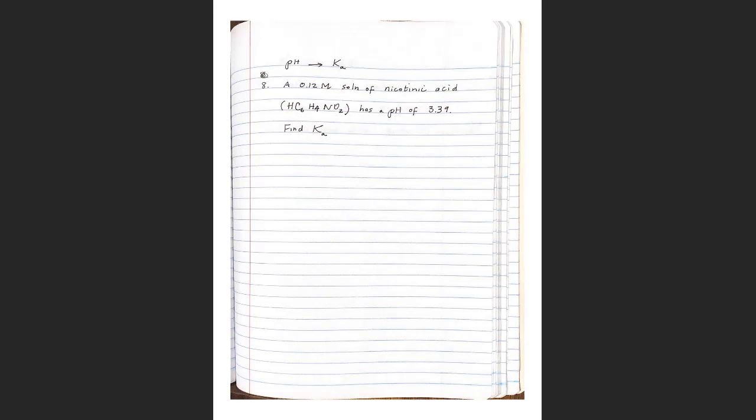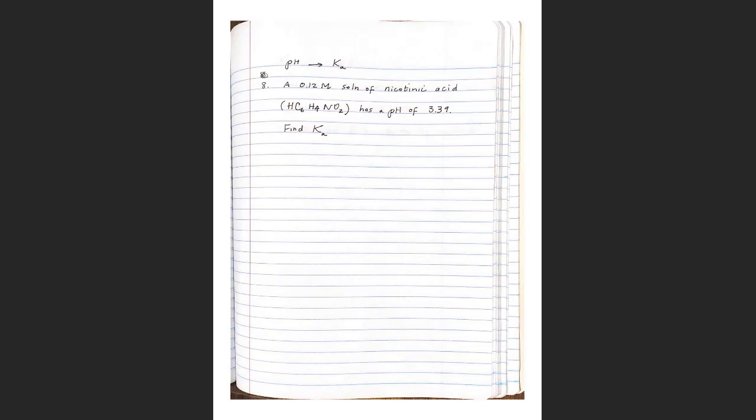Let's see. Based on my list of strong and weak acids from memory, even though it wasn't specified, I can assume that nicotinic acid is a weak acid, meaning it is going to partially ionize. Which means I'm going to have to find the differences between the equilibrium concentration and the initial concentration.